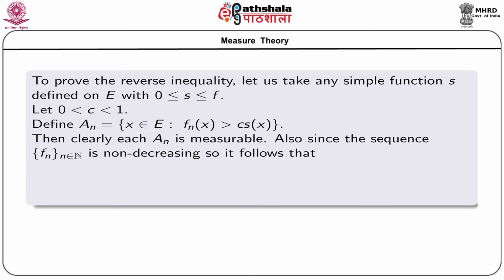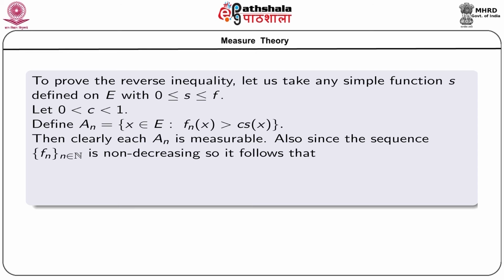Now, since each f_n is measurable, and s being a simple function is also measurable, c s is also measurable. We can show that these sets where f_n(x) is greater than c s(x) are also measurable.